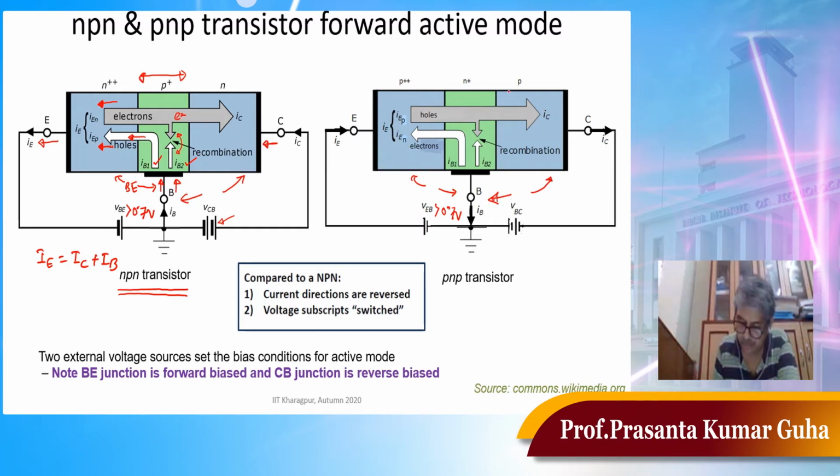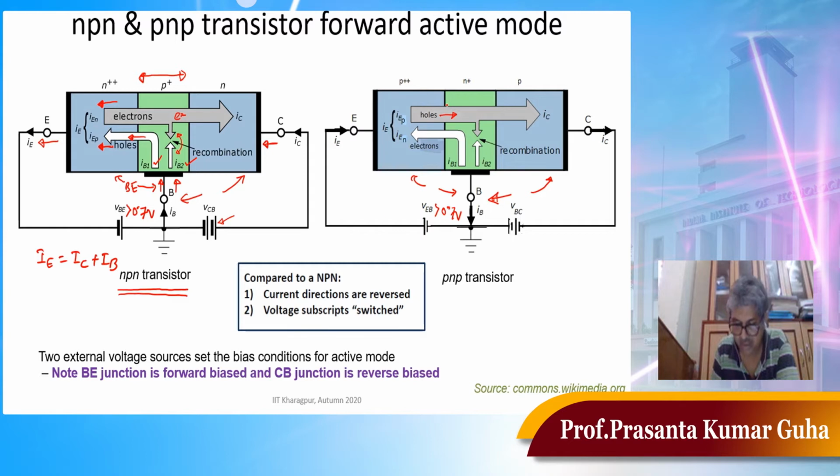Now if we look into the components of current, the similar discussion which I have gone through for the left hand figure is equally valid for the right hand one. However, in this case, as the base emitter junction is forward bias, holes from the emitter will be able to cross this junction.